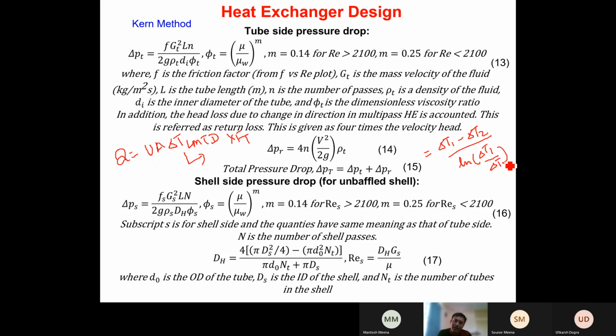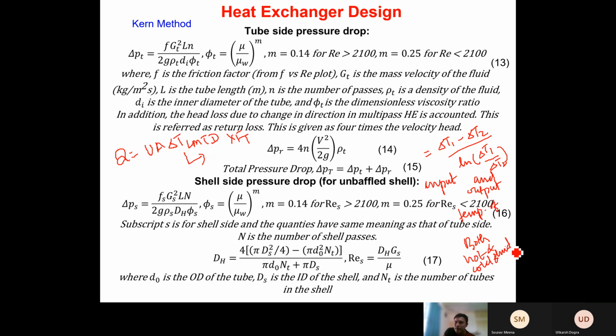Now the question is, can you calculate delta T LMTD without knowing the terminal temperatures? So what does this methodology require? You need to know the input and output temperatures of both hot and cold fluid.